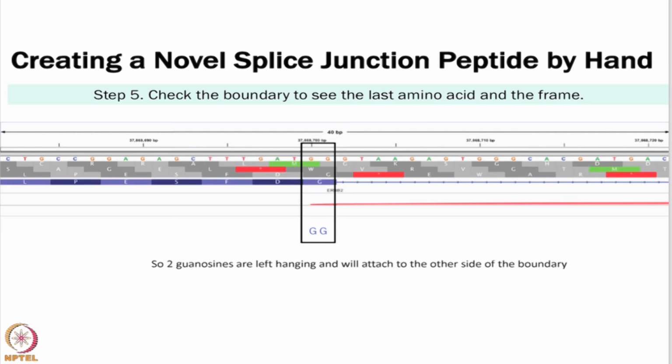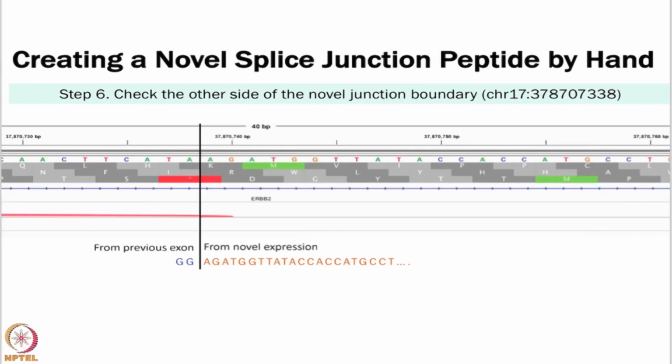So we keep the amino acid sequences, the peptide sequence from before this, and we remember that the 2 Gs are here. And then we look at the other side of the junction. And we can see at the other side of the junction, we take the 2 Gs, and then we add on the actual genome sequence from the other side of the junction here, from the novel expression.